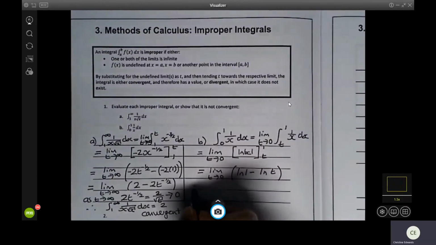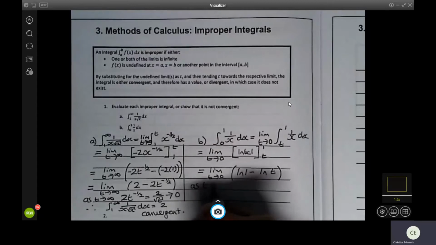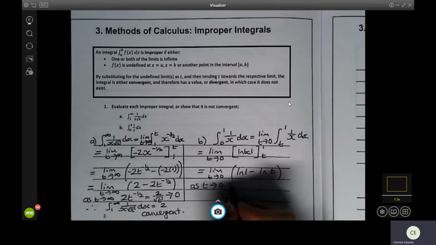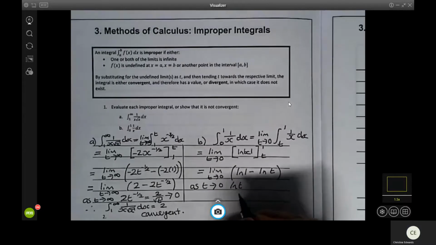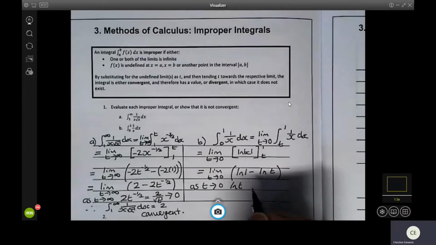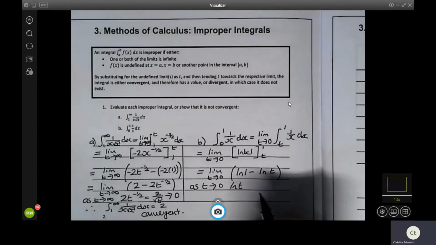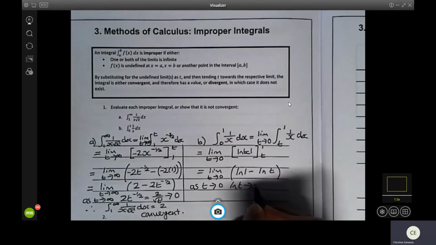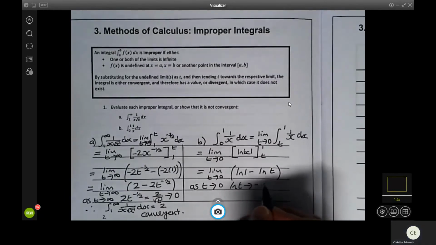Consider what happens as t tends to 0. Log of t. Think about the log graph. Pop it on your graphics calculator if you need to. It's going to become minus infinity, isn't it? So log of t is going to tend to minus infinity.